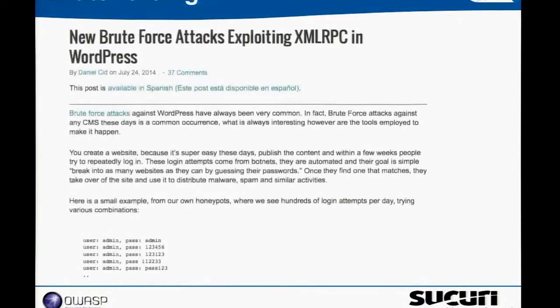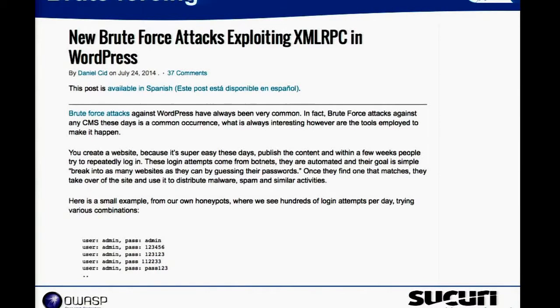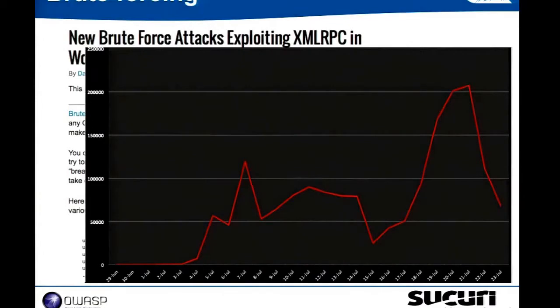Some brute force. So here is a brute force. That's why we found what they are using. Because we figured out we are protecting the WP admin, so we are good, but we are not that good. So that's the amount of requests we got in that period.